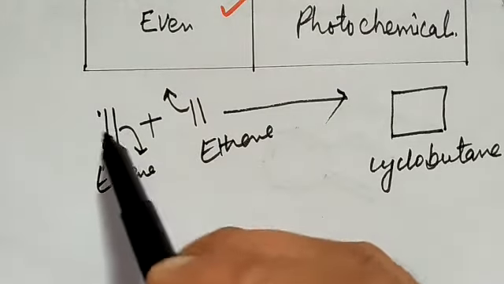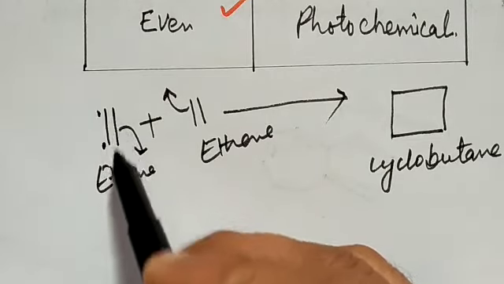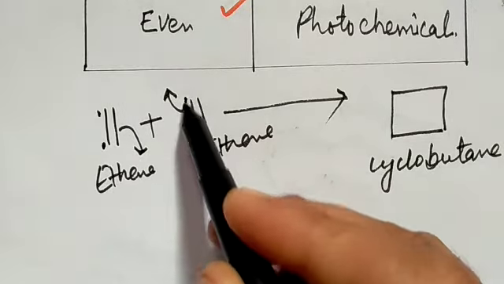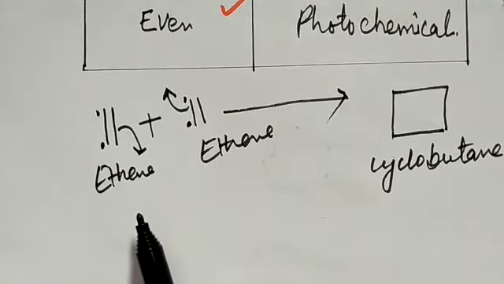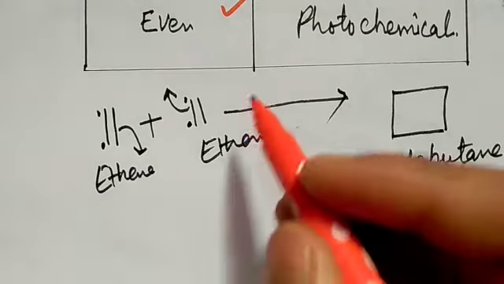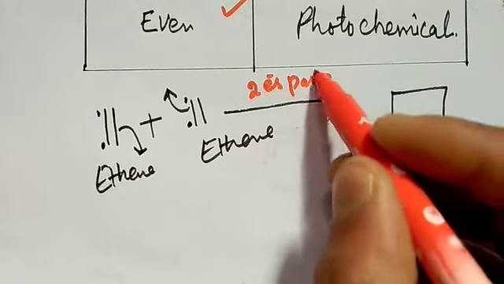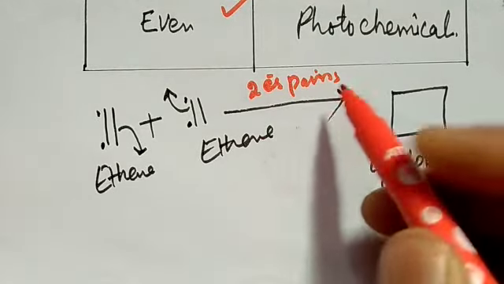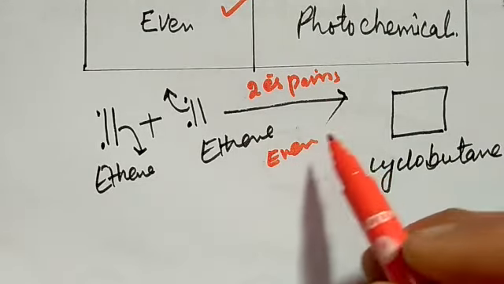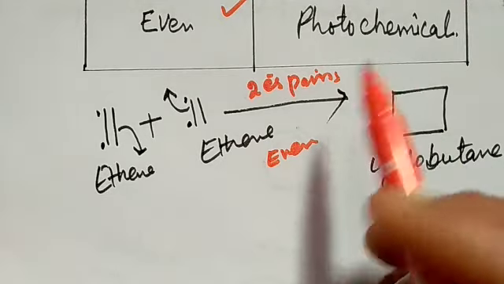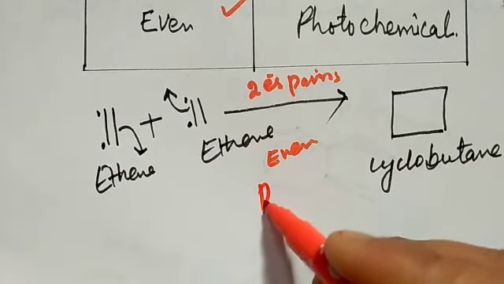Now we can see two electrons are involved in this reaction, and two electrons here, these electrons are involved in this reaction, meaning two electron pairs are involved in this reaction. It means an even number of electron pairs are involved. So the rule says that if an even number of electron pairs are involved, then the reaction is photochemical.